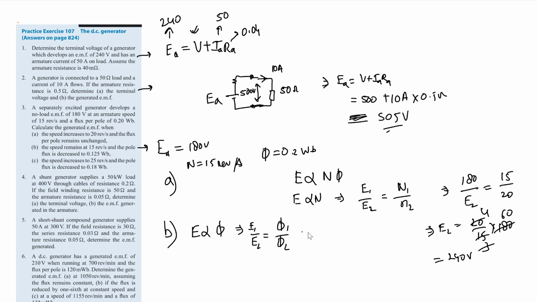The information is given as E1 is 180, E2 we have to find, phi1 is 0.2 Weber, and phi2 has decreased to 0.125. Now I have to calculate E2. So I can calculate E2 as 0.125 divided by 0.2 into 180.